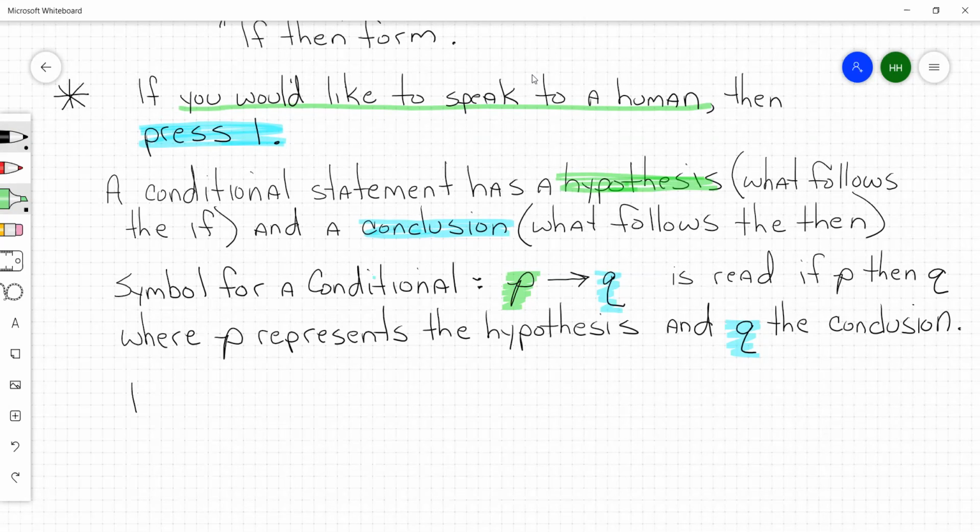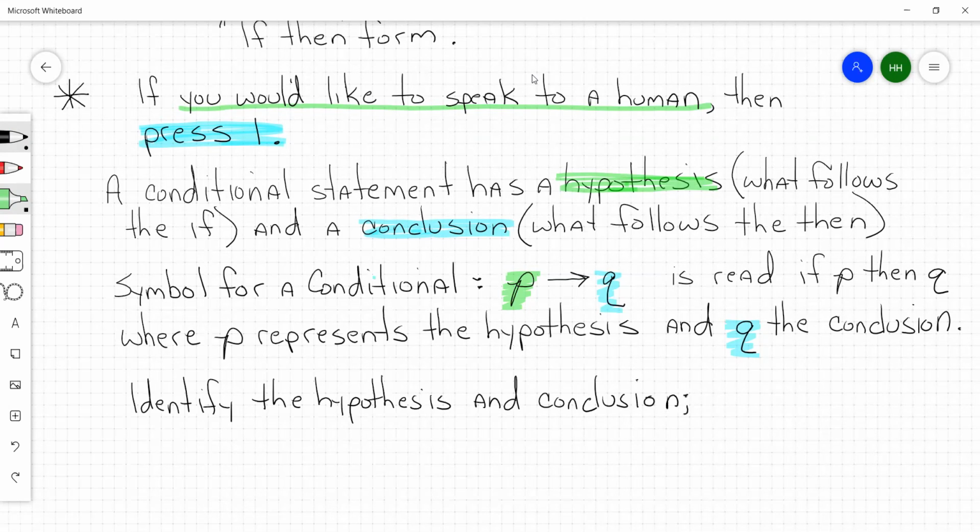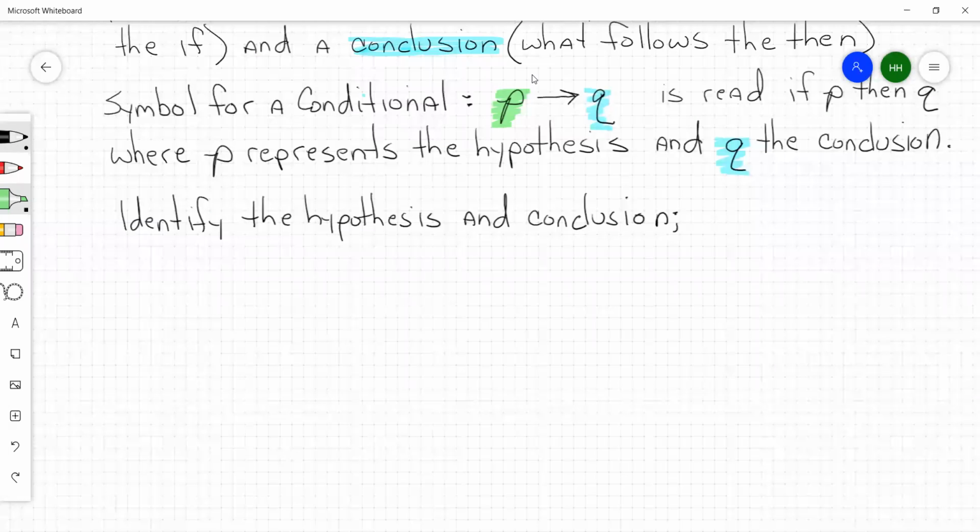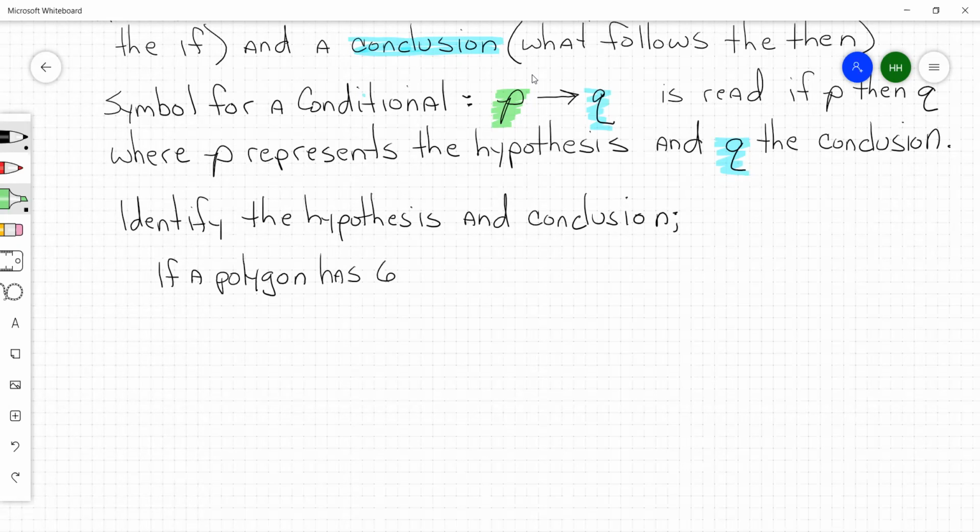So if you're asked to identify the hypothesis and conclusion, and you're given the statement, if a polygon has 6 sides, then it is a hexagon.